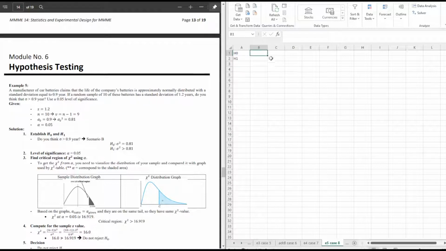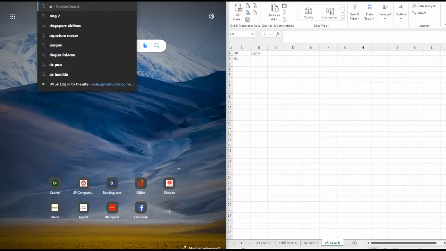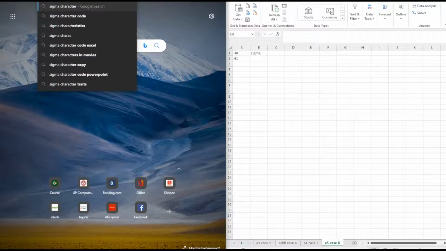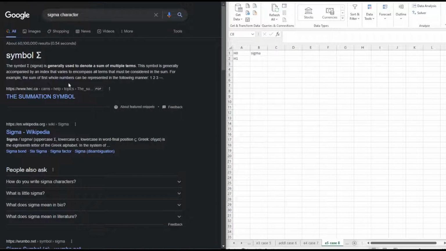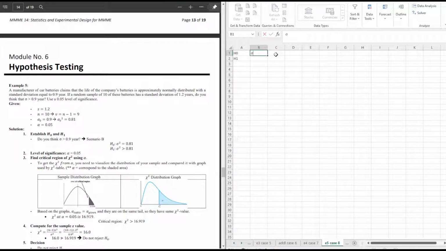So we have the null hypothesis that sigma, let's get a sigma character to make it nicer, lowercase sigma, is equal to 0.9, or sigma naught.